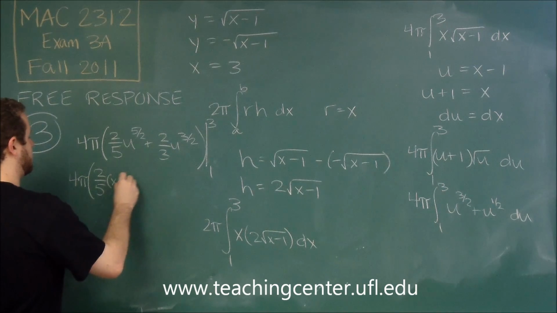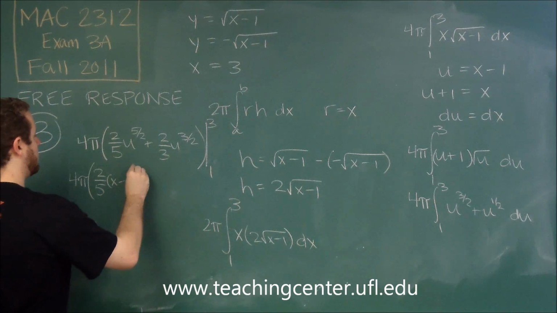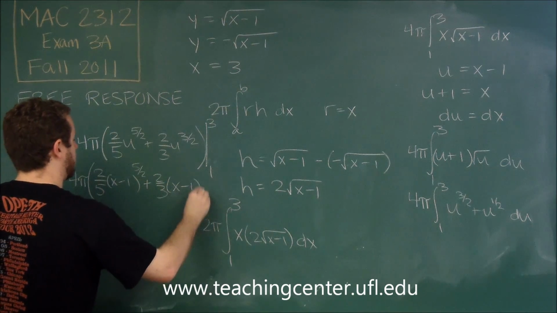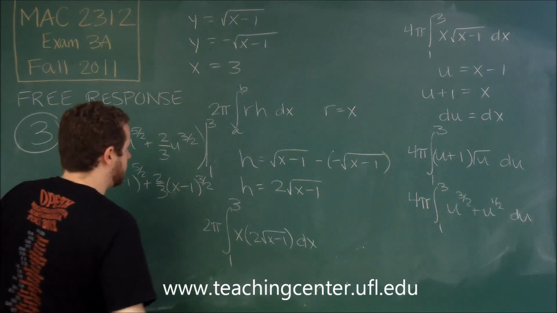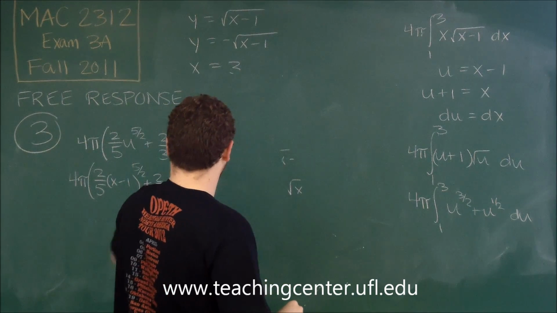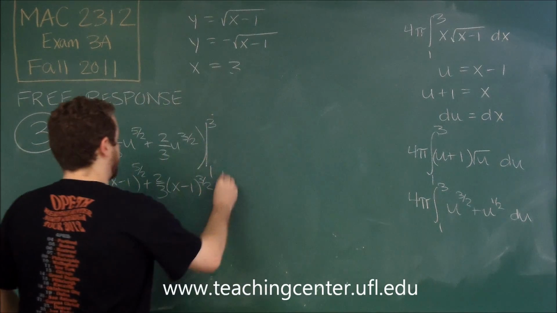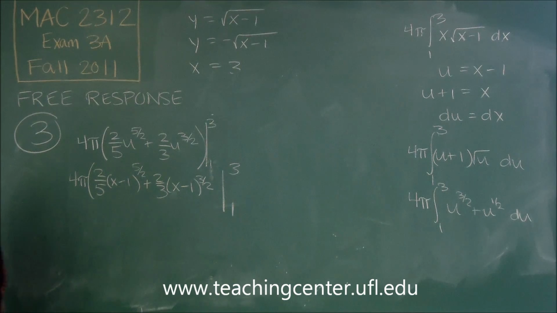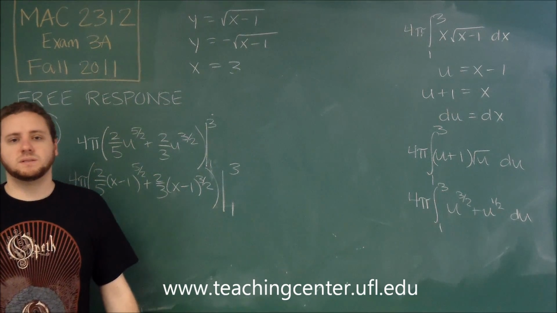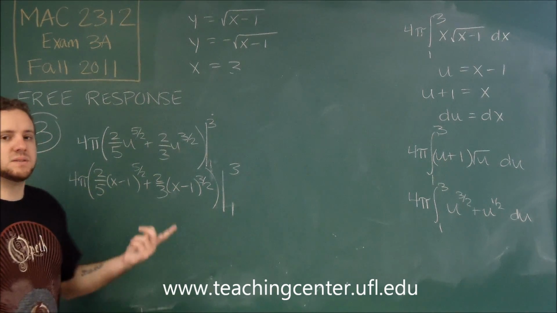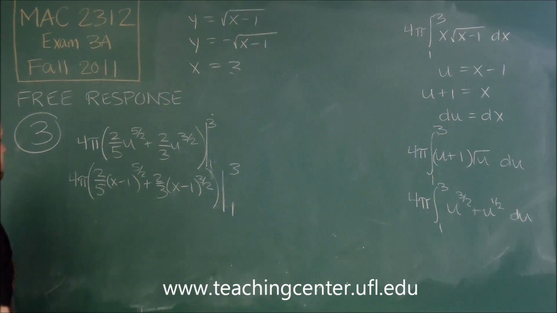So we are going to get x minus 1, because that's what u was, to the 5/2 plus 2/3 x minus 1 to the 3/2. And again, we're going from 1 to 3. Okay, so now we can just plug in 3, we can plug in 1, see what we get. You can tell right away that if you plug in 1, everything is becoming 0, so we don't even need to do that. We can just plug in 3.